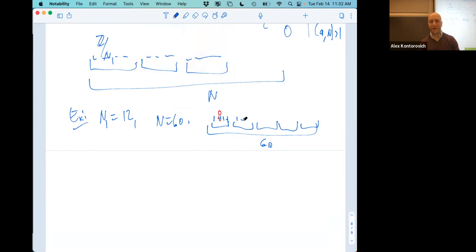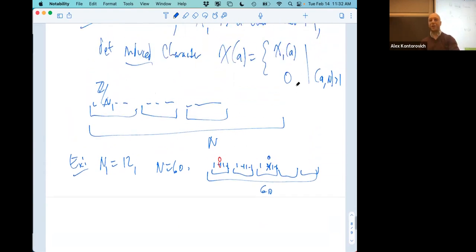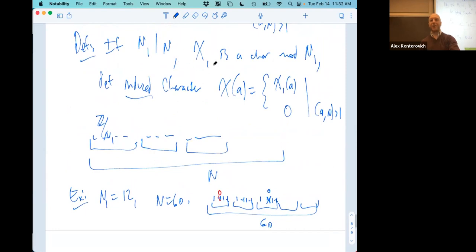There's a 1, -1, 1, -1. Now, some of these might land on multiples of 5, and when they do, instead of the value I put a 0. That's the induced character. So if I have a character mod 12, I can make a character mod 60 by taking what should be the character mod 12, but zeroing it out at places where that would clash with the fact that it has to be 0 if it's not coprime to n.